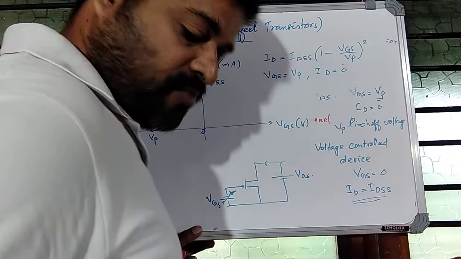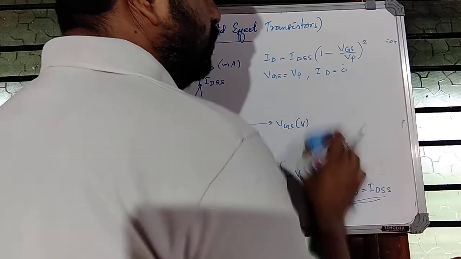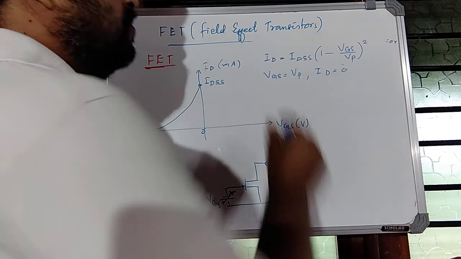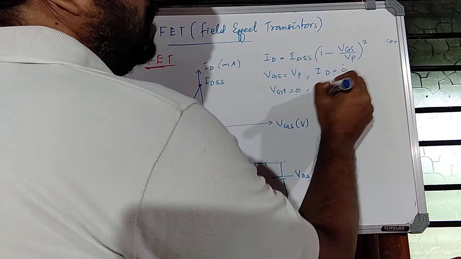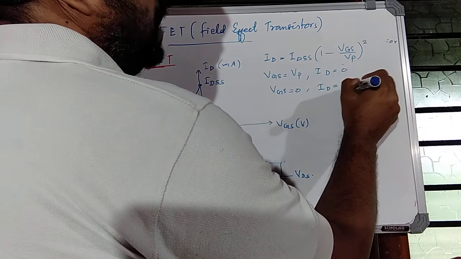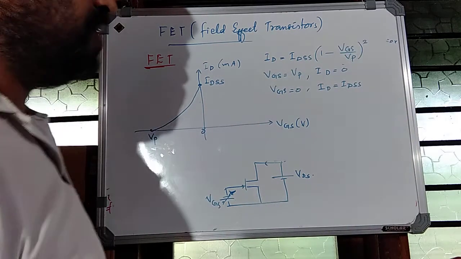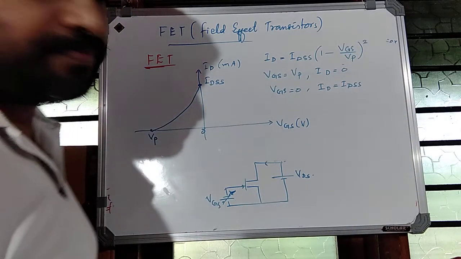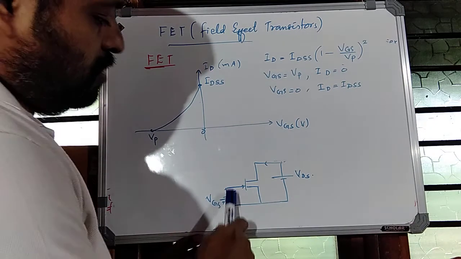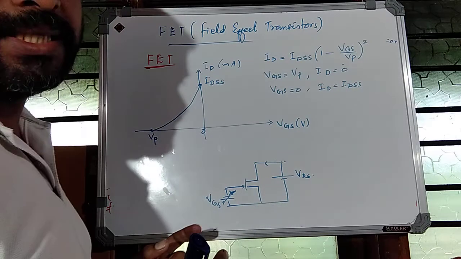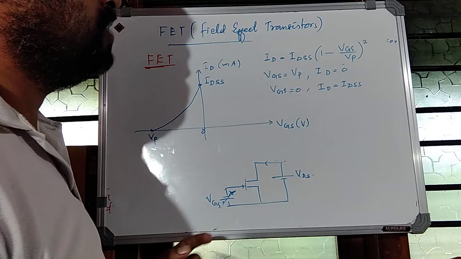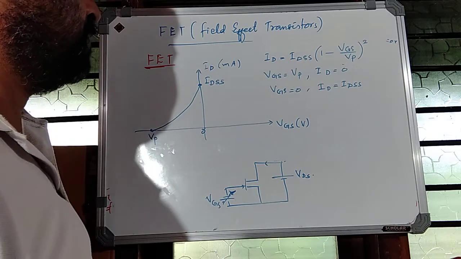The maximum value of ID occurs when VGS is 0. When VGS becomes 0, ID equals IDSS. So maximum drain current flows when VGS becomes 0. That is, if this voltage equals 0, channel width is maximum and current ID becomes equal to IDSS.